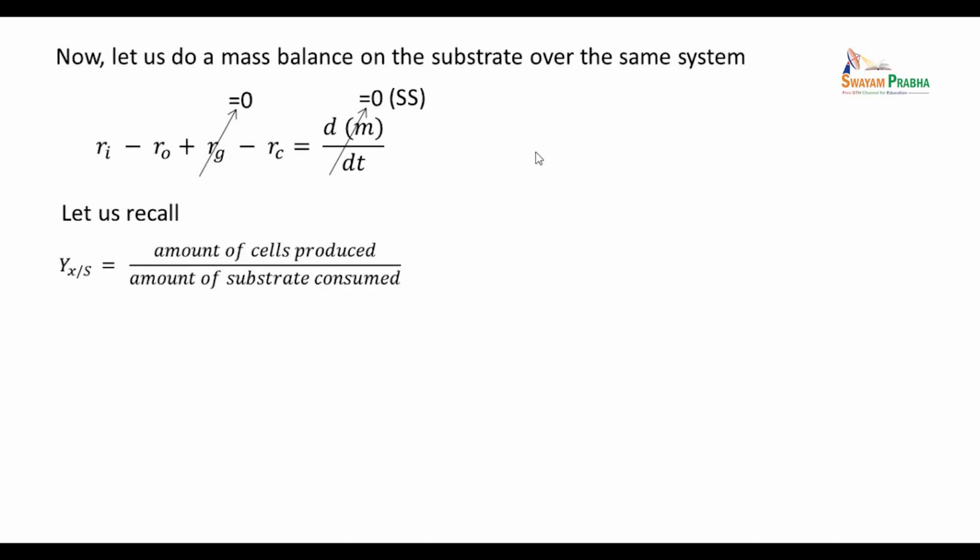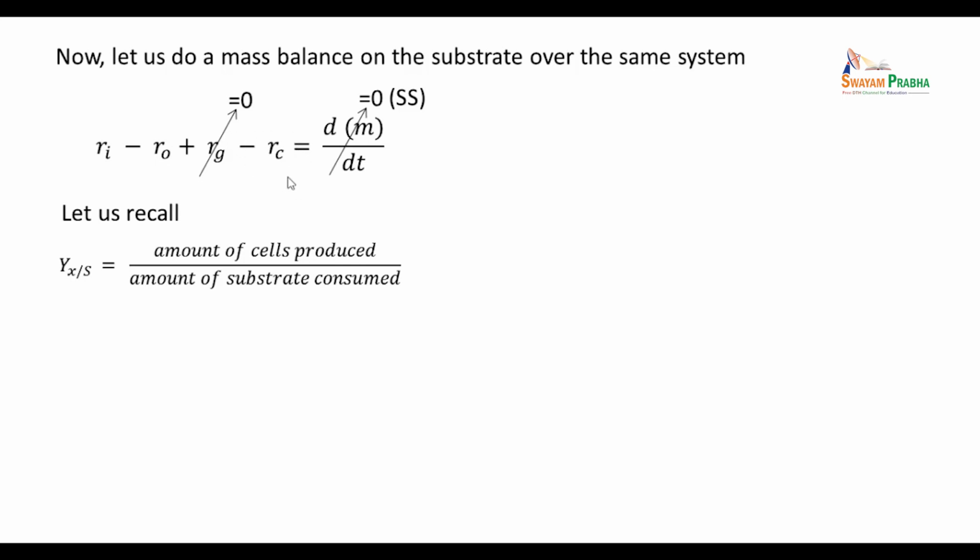All the time derivatives are 0. Let us recall that Yx/s is the amount of cells produced divided by the amount of substrate consumed. Why are we doing this? The input and output terms are straightforward. The input rate we can write in terms of the flow rate and the substrate concentration in the feed. This is the flow rate and the substrate concentration in the outlet.